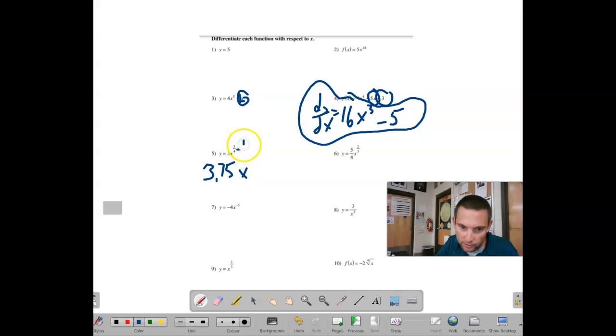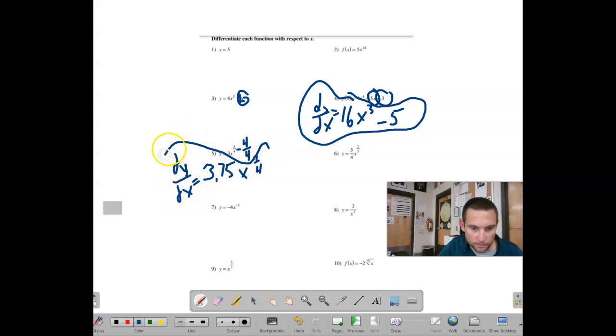Well, what is 1? Remember, 1 can also be a whole fraction. So 5/4 minus 4/4 gives me 1/4. So then my dy/dx is going to equal that. Cool. Shall we continue?